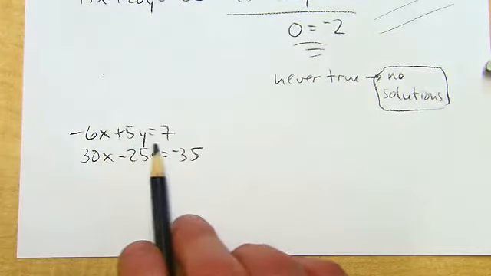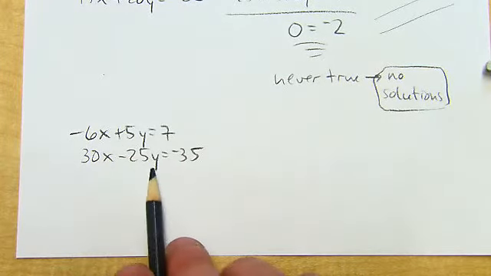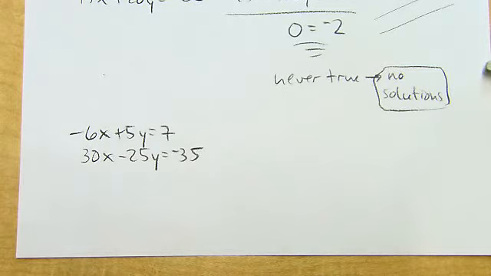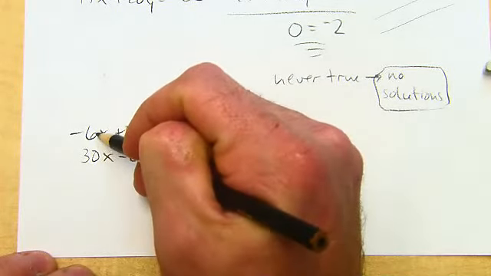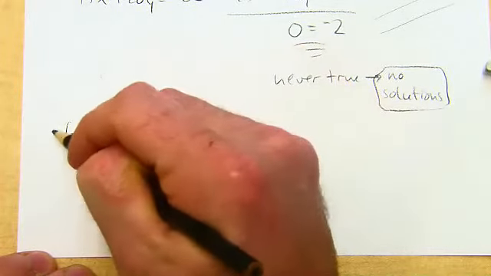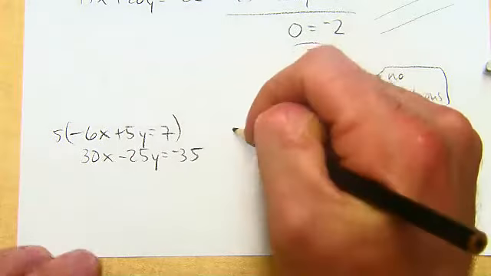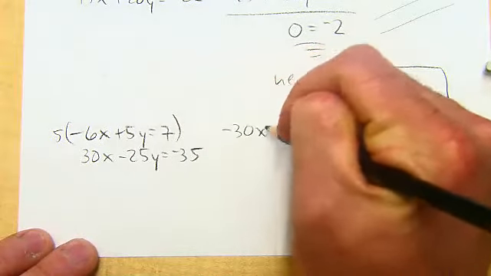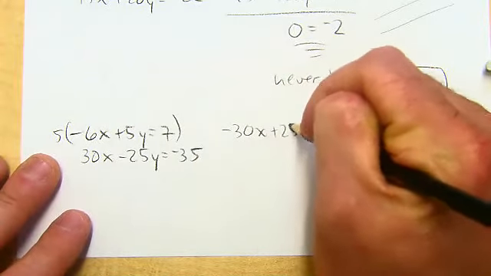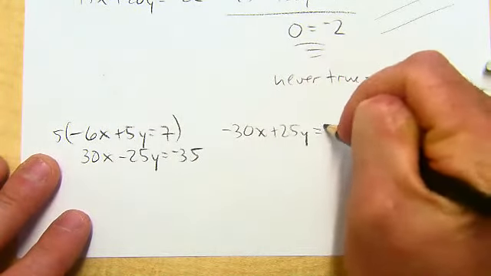Negative 6x plus 5y equals 7, and 30x minus 25y equals negative 35. Looking at that, I'm just going to multiply by 5, because I can see if I multiply by 5 up here, I can get the x's to cancel. Negative 30 plus 30. Let's rewrite that. Plus 25y equals 35.